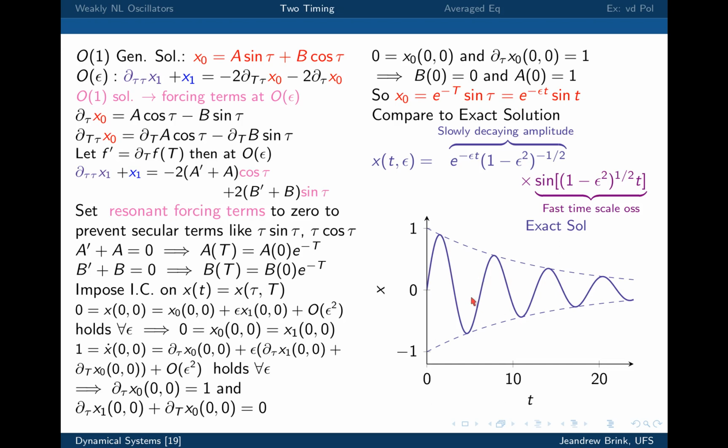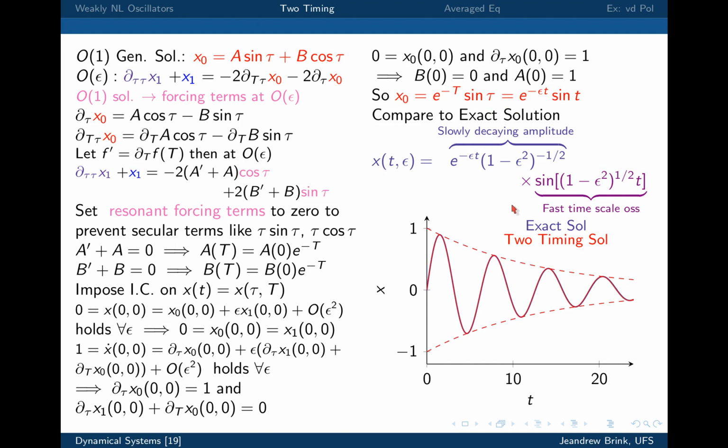What you're going to find is the envelope looks exactly the same for small epsilon, and the oscillation is also exactly the same. That's to be expected because the mistake you've made is just order epsilon squared. So up to order epsilon squared, these two things are almost equivalent.